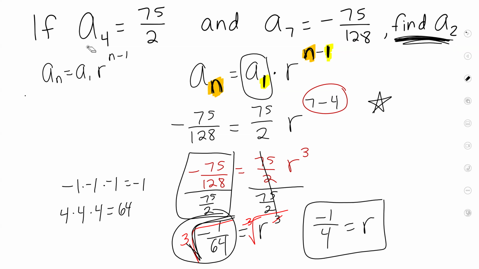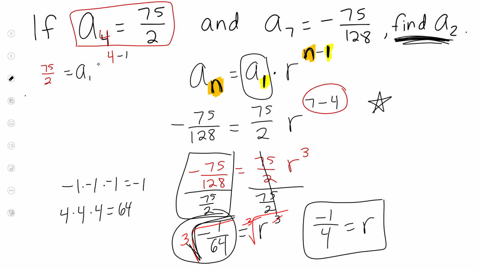I know what A4 is, so let's use A4. They told me A4 is 75 over 2, so I'll put 75 over 2. And since this is A4, that means this n value has to be a 4. I know the ratio. We just figured out the ratio. Your ratio is negative 1 over 4.